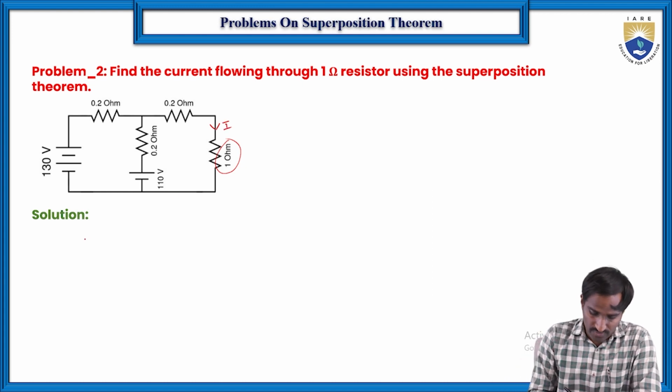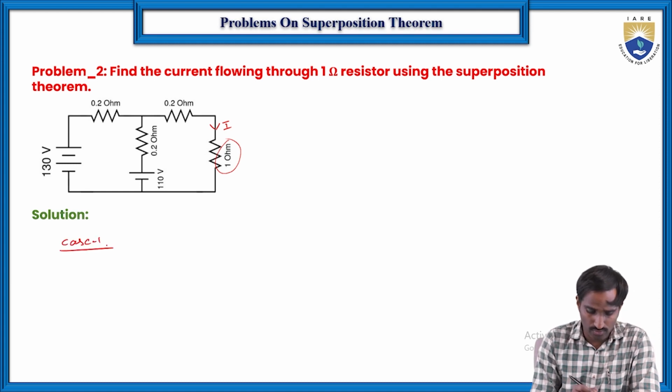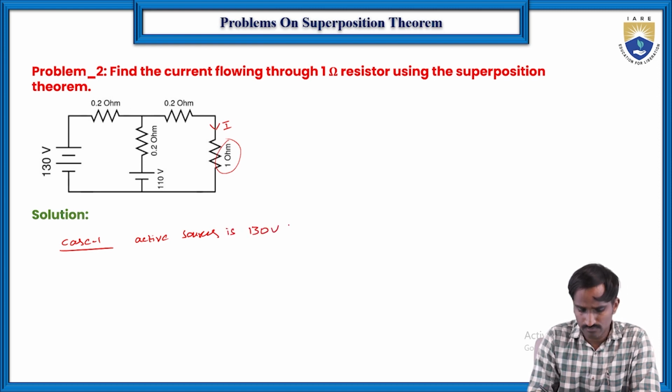First, let us consider case 1. In this case, the only active source is 130 volts.